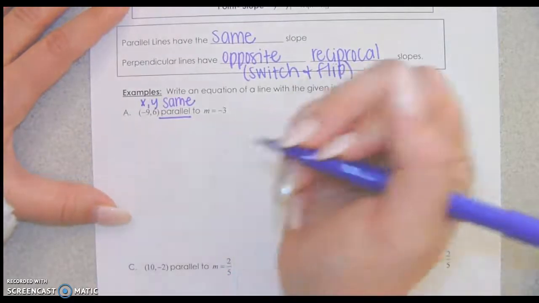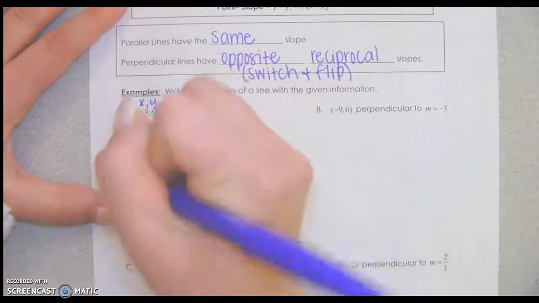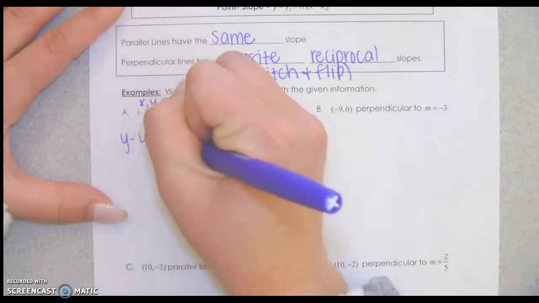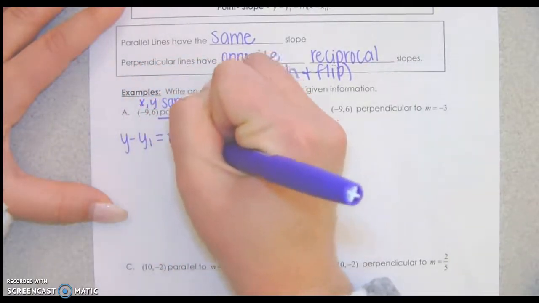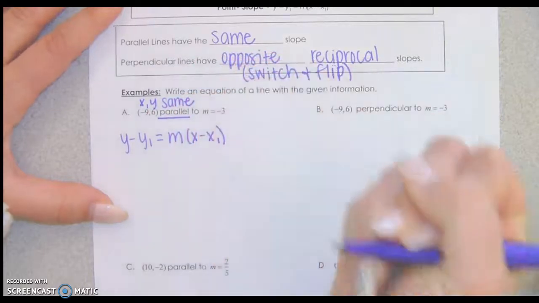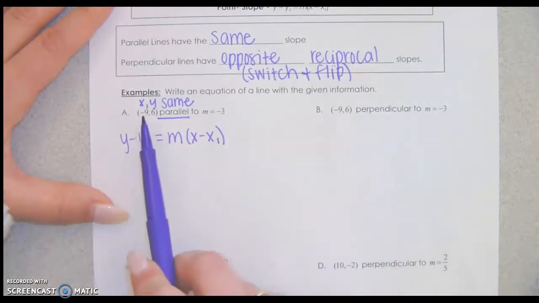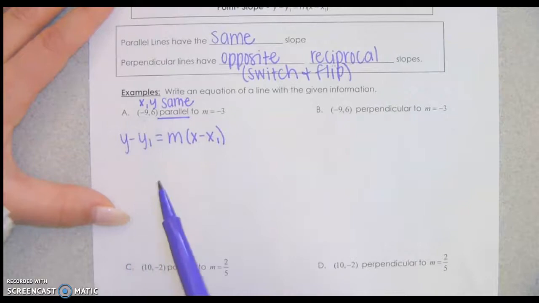So we're going to use our point slope formula. So y minus y1 equals m times x minus x1. We're going to plug in the things that we have. So we have our x1, our y1, and our m.